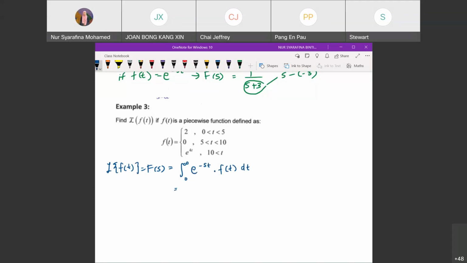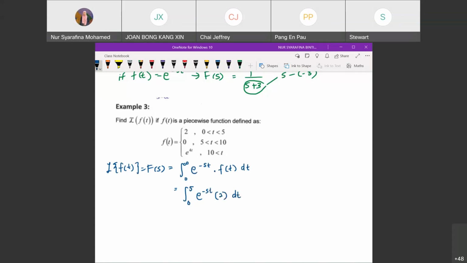So from 0 to infinity, but here we start from 0 to 5, exponent minus st times 2.